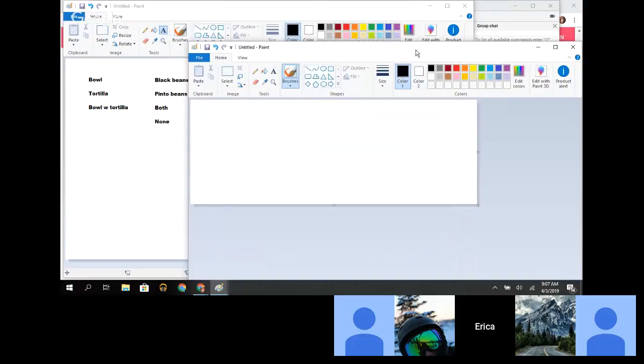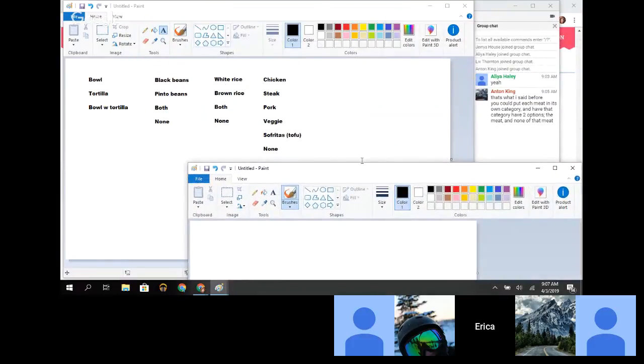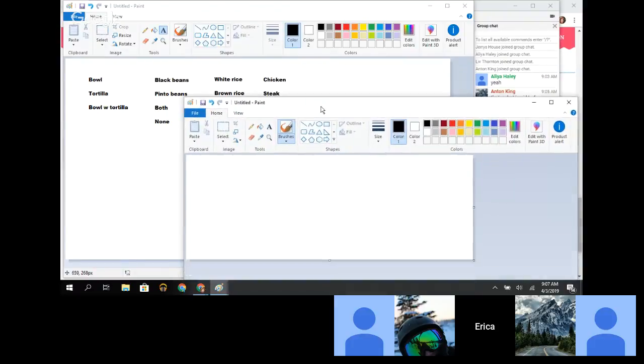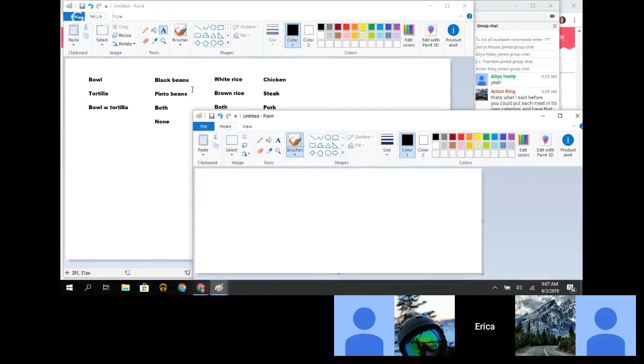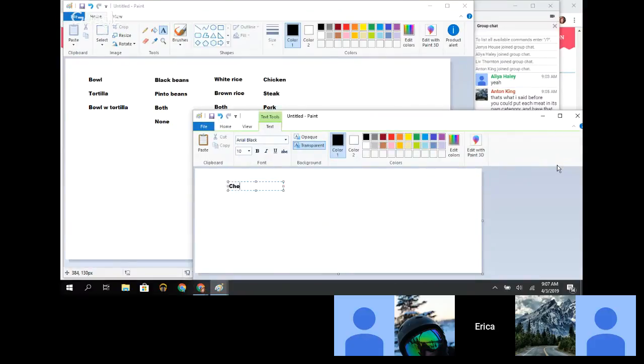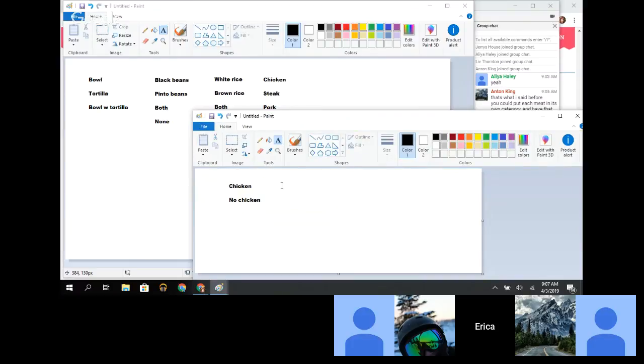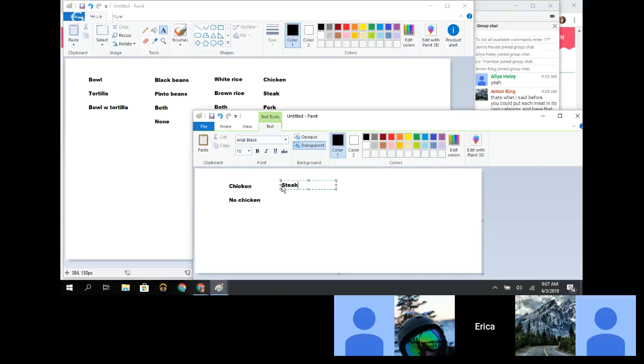So right now, this is a pick one of the six, right? So if we were doing the counting principle, we would pick one of these six. What he is saying we could do is we could do chicken or no chicken, right? Steak, no steak.